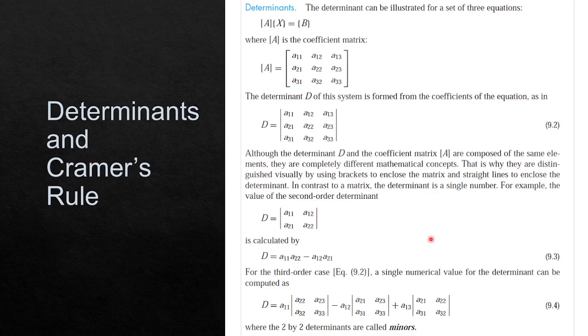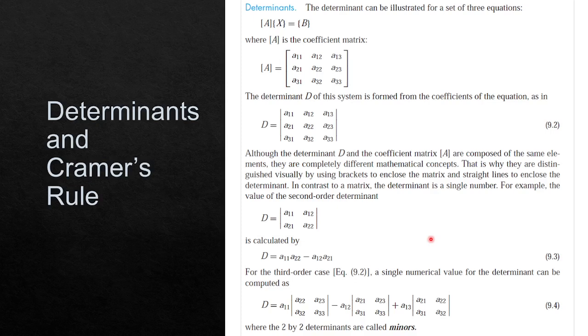Say you are given a problem with three equations and you translate them into a matrix A, and the B, also coming from those equations, would be the constant values. Okay, so let's proceed.